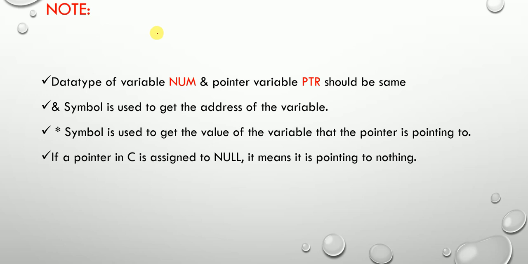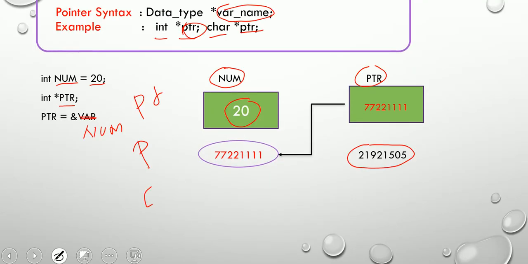As I've already told, the data type of both the number, that is the variable, and the pointer should always be the same. Okay, why are these symbols used? There are two important symbols used. One is ampersand. Ampersand is used when you want to get the address. See, this is used when you want to assign the address: ampersand num.